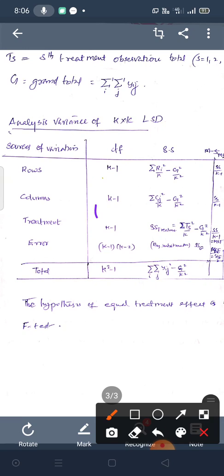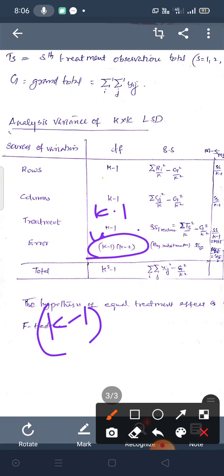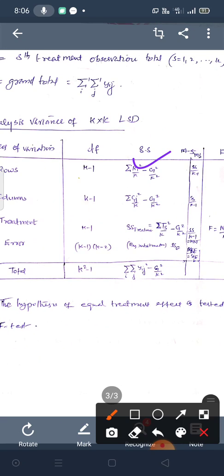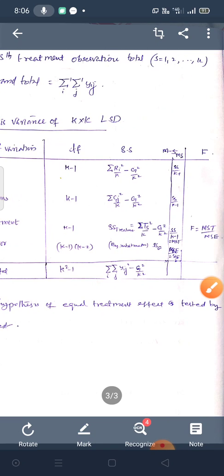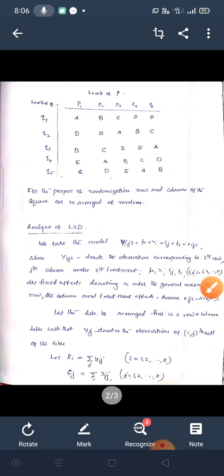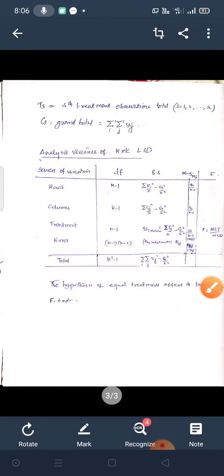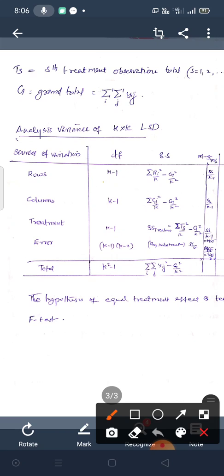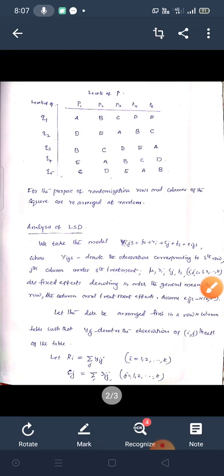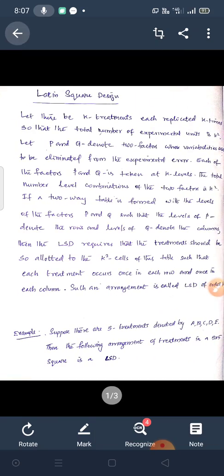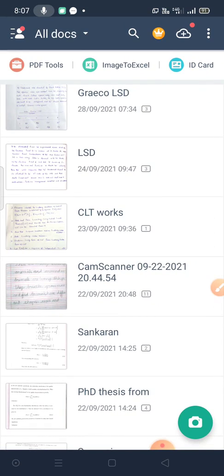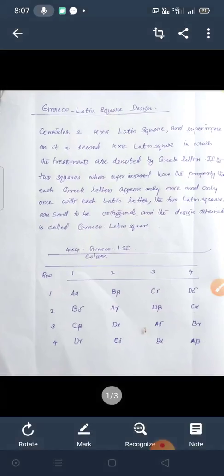So the first is k minus 1, the second is k minus 1. So there are changes, k minus 1 into k minus 3, in Graeco Latin square. Row totals, column totals and treatment totals are there, and all other things are the same. So the analysis is similar to LSD, but remember the splitting of the sum of squares and the splitting of the degrees of freedom.